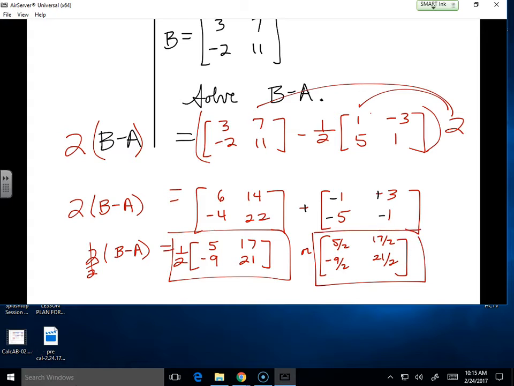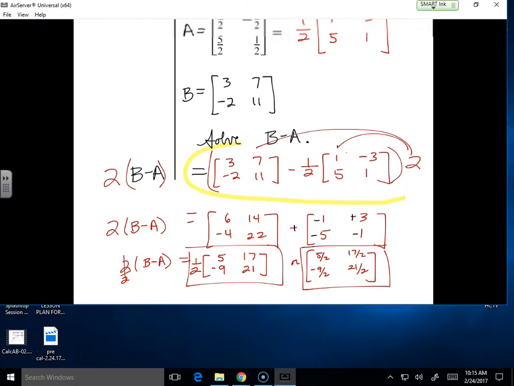Since you multiplied it by 2, why'd you have to go back and divide it? Well, when I multiplied it by 2 up here in this step, hold on, I can't see it all on the screen. There we go. When I multiplied by 2, I had to multiply both sides by 2. But in my original problem, I was just trying to find b minus a alone. Does that make sense? So to be legal, I multiplied one side and the other side, but I only wanted b minus a, so once I came down here, I had 2 times b minus a.